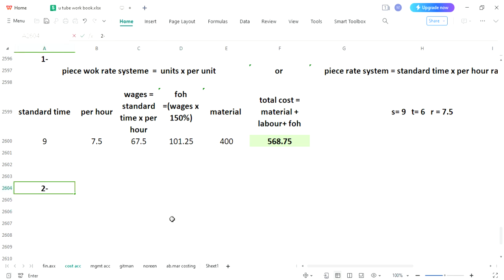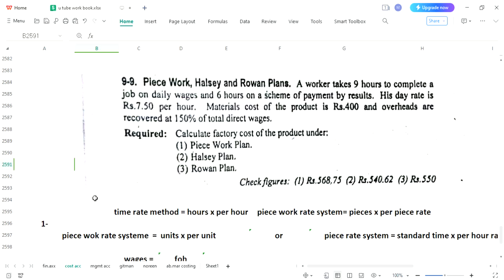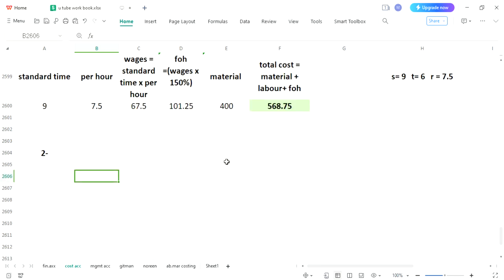And can you imagine, we will be doing the same thing over here. First we will calculate the wages, and then we will calculate FH, material, and total cost. Since we are following the second part, where it has been described to calculate labor wages according to the Halsey premium plan, first we will write the formula.